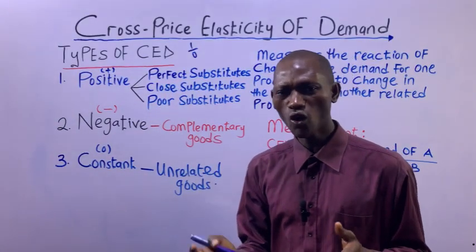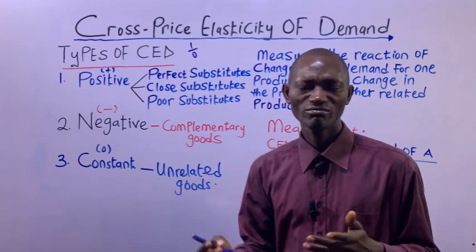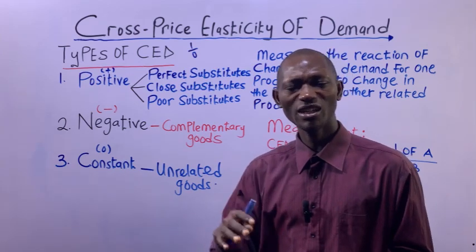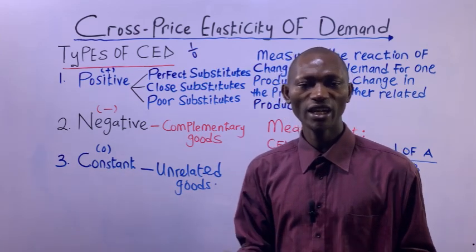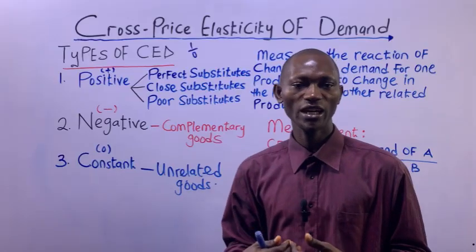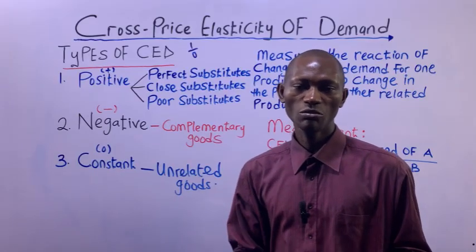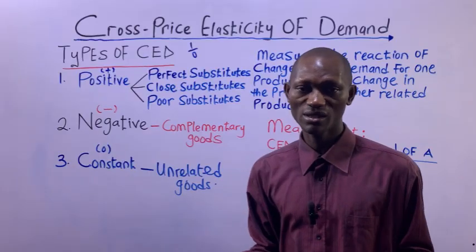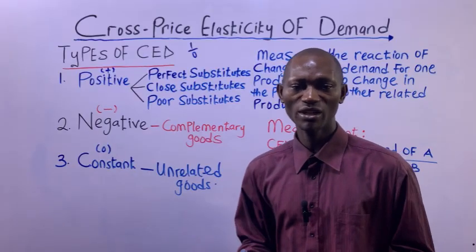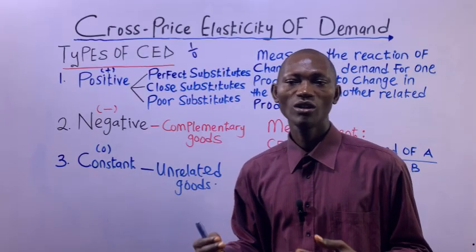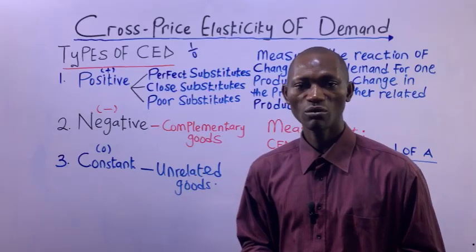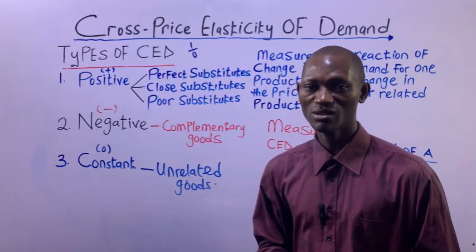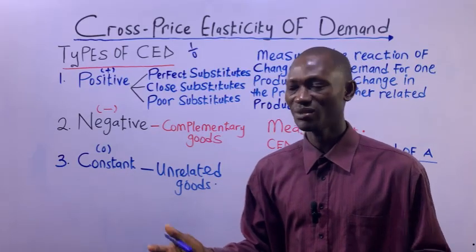In terms of quality, well, let's limit that to consumers' taste. I may prefer Milo, you may prefer Bonvita, but Milo and Bonvita are close substitutes because an increase in the price of Milo will lead to an increase in the demand for Bonvita, ceteris paribus, all things being equal, just like iPhone, Samsung, and all that.